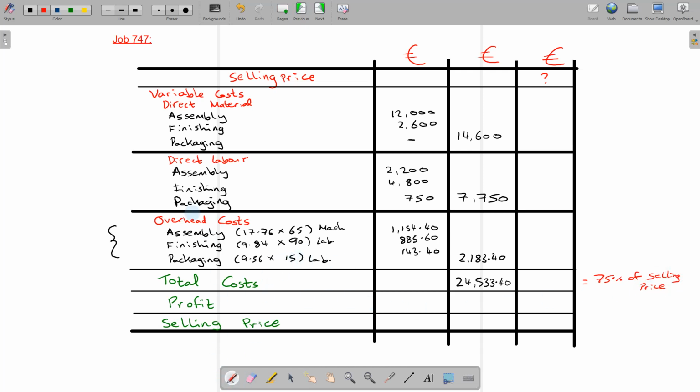So therefore we'll do working to 24,533.40. We divide that by 75, multiplied by 25. So whenever working with fractions, we get 1% and then whatever percent we want. So we know that profit is 25% of selling price.